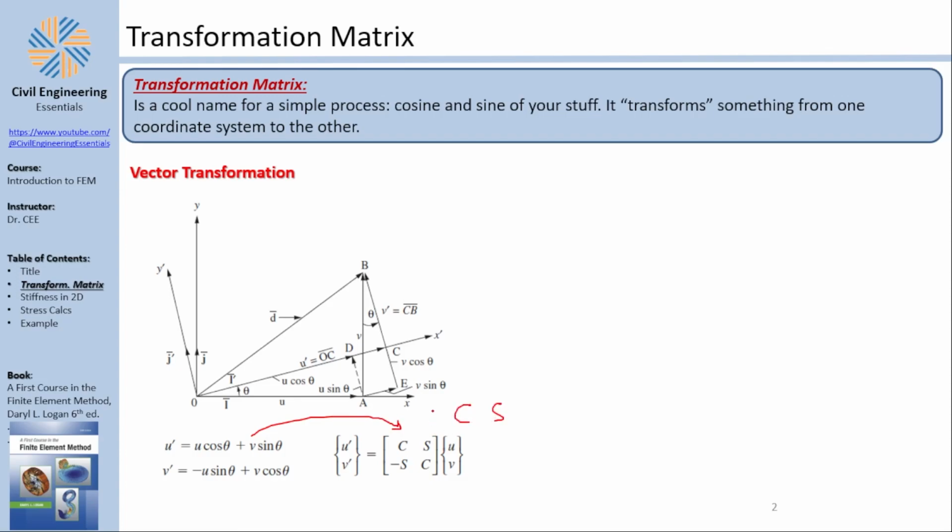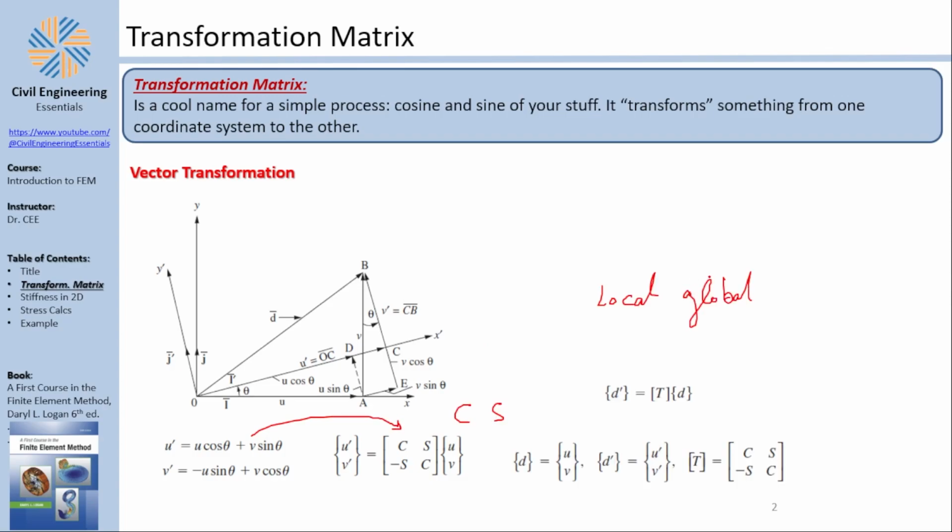This is very important because our idea is to convert global stuff into local stuff and vice versa, but most likely global into local. So basically, this matrix or a modification of it is going to be used to convert global systems into local systems. But why? Why are we going to do this?